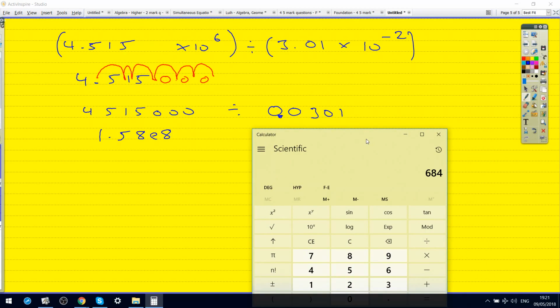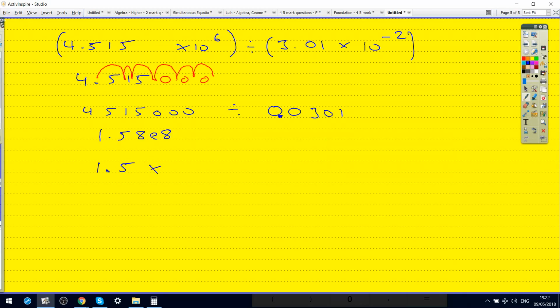So that's 4, 5, 1, 5, 0, 0, 0, divided by 0.0301. Yep. And so that's 1, 2, 3, 4, 5, 6, 7. Yeah, so in standard form, that means 1.58 times 10 to the 8.